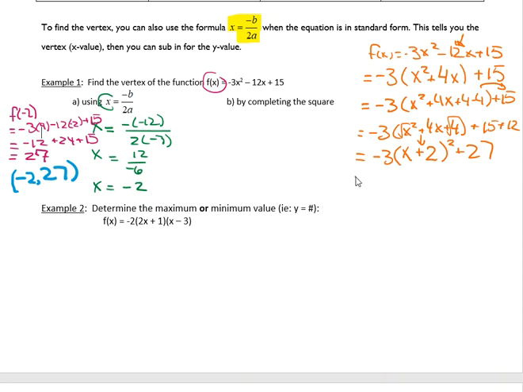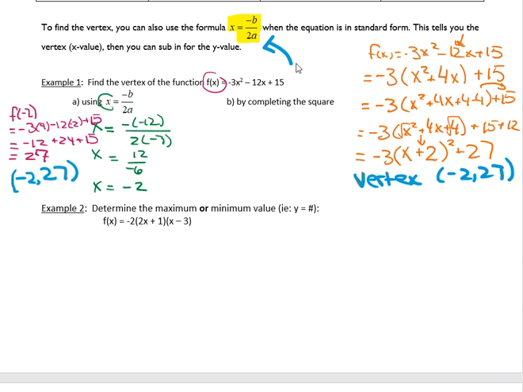So our vertex is, actually let me change colors for this one here. Vertex, it's the same as the one I had before, negative 2, 27. Same as over here. So both of those methods will find the vertex for you. That's how to use this little formula up here.